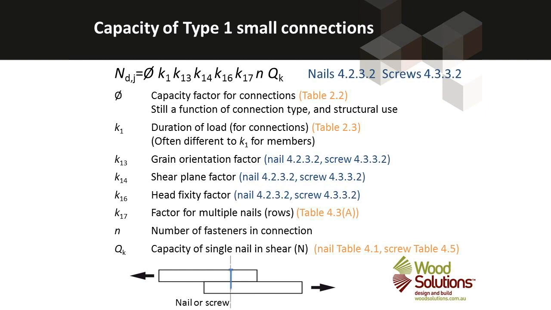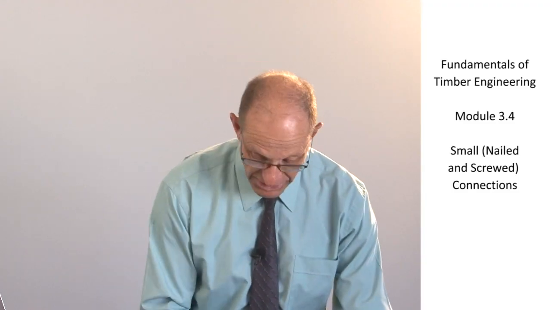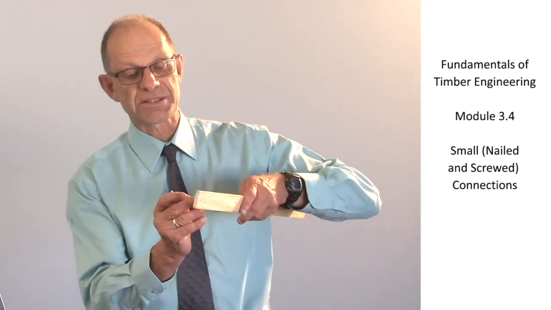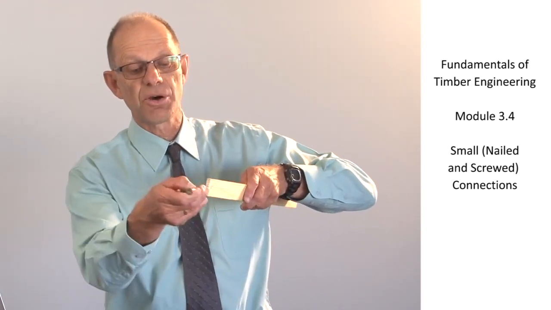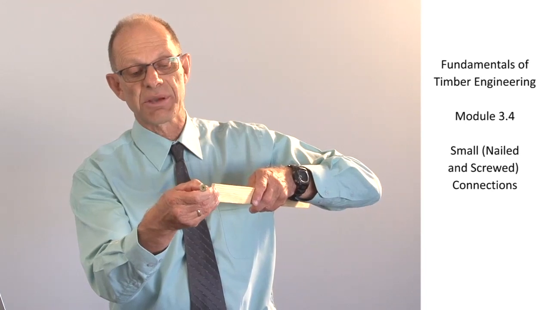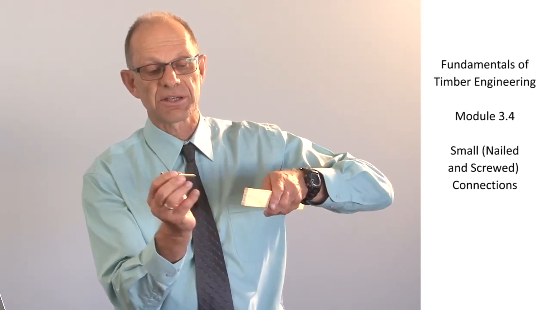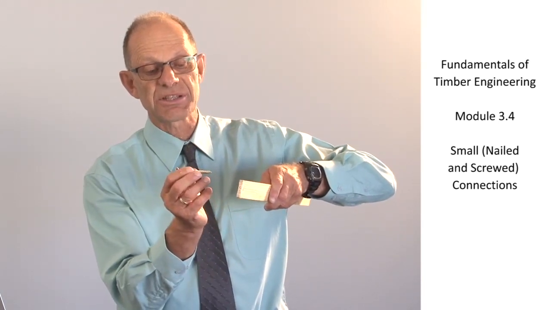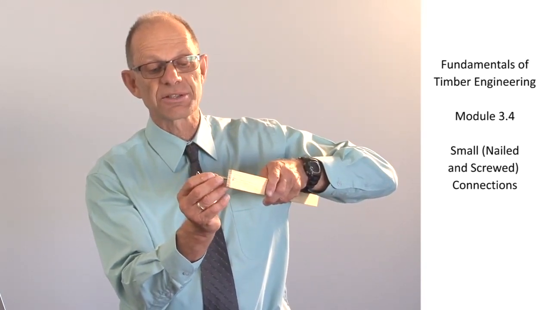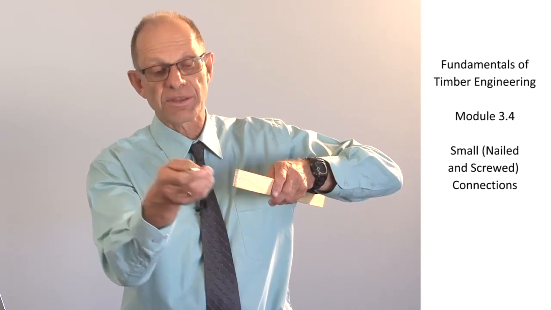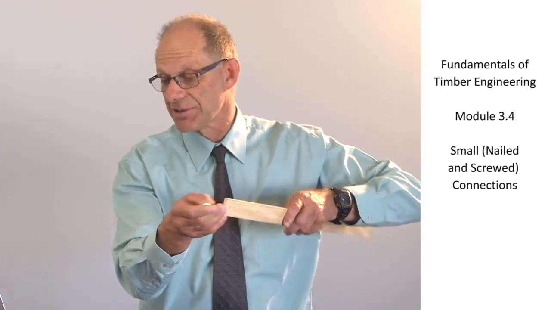Then there's a grain orientation factor. Whether the screw penetrates the side grain of the member or into the end grain of the member. So for nails and screws, they both have a K13 factor, and it's simply a case of detailing whether the screw goes into the side grain or whether the nail or screw goes into the end grain.